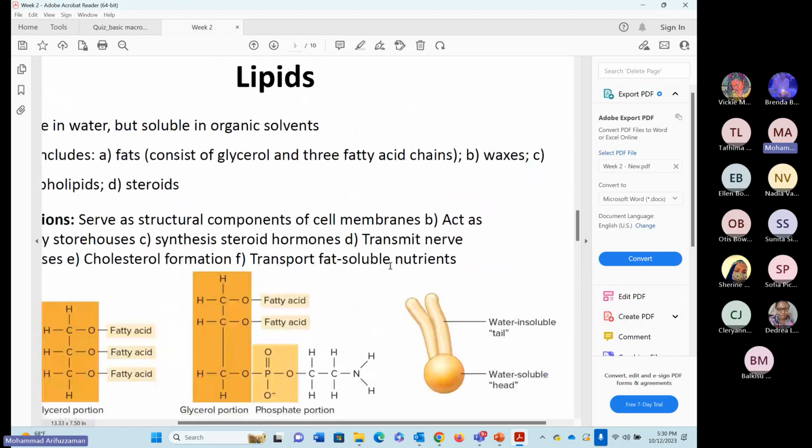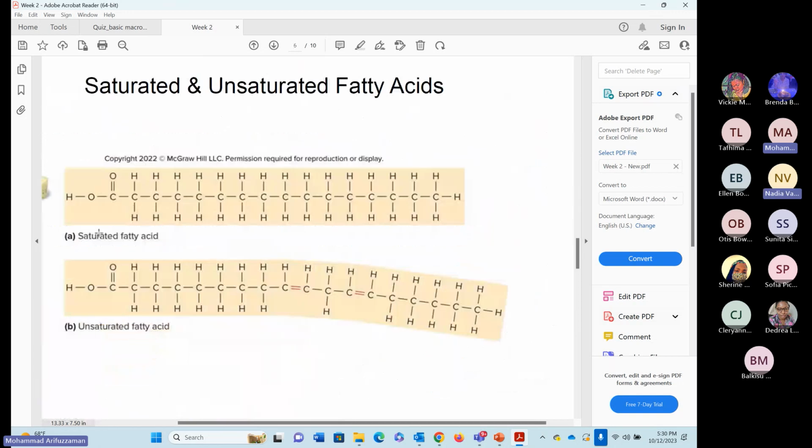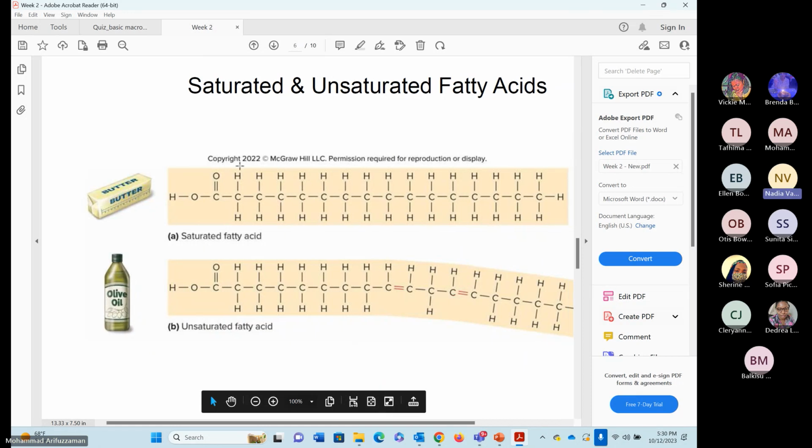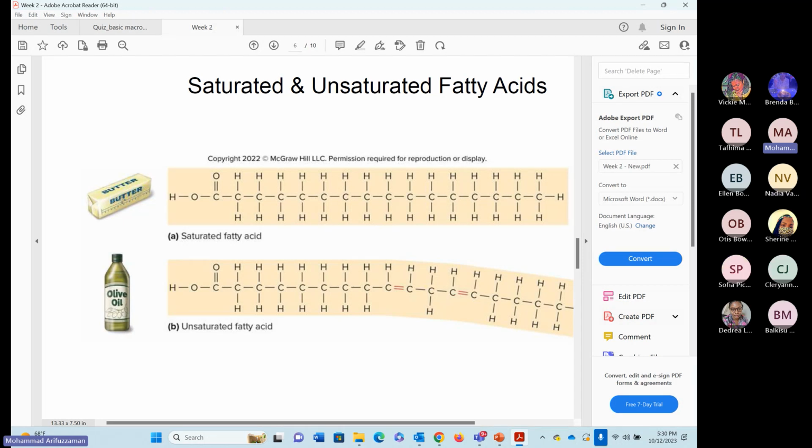The fatty acids are two different types. You can see the saturated fatty acids have no double bond between carbon-carbon, and unsaturated fatty acids have one or many double bonds between carbon atoms. Saturated fatty acids are mostly from animal fat like butter, and unsaturated fatty acids from plants like olive oil.